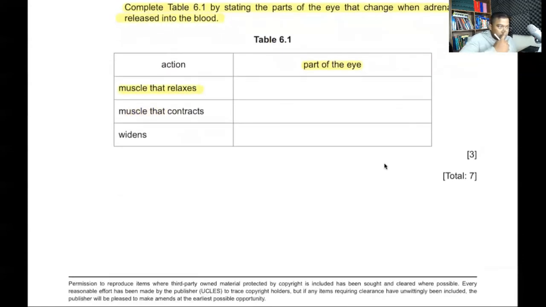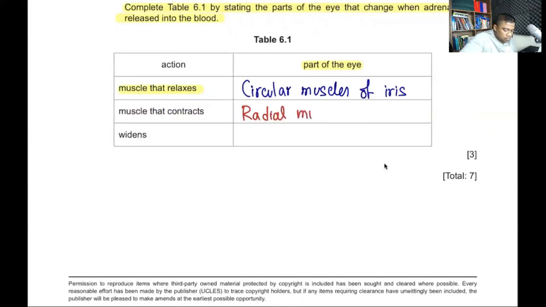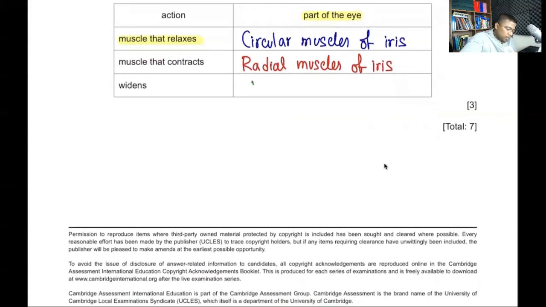So if the pupil needs to dilate, the circular muscle of iris needs to relax. So circular muscles of iris. Muscle that contracts to dilate the pupil, radial muscle of iris must contract, and this will cause the pupil to widen.